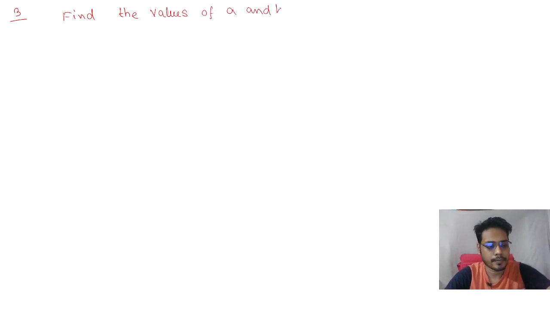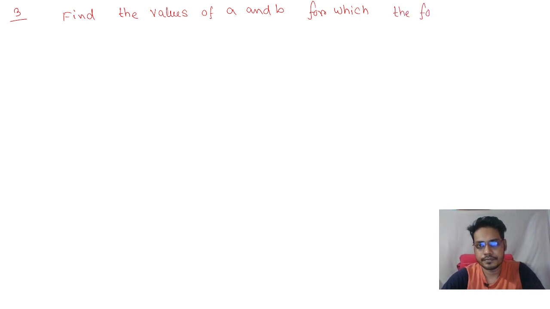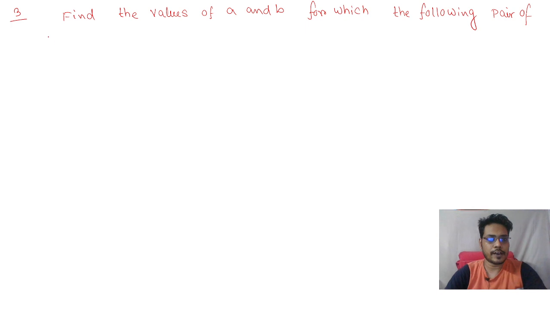Now next one, example number 3. Find the values of a and b for which the following pair of linear equations have an infinite number of solutions.